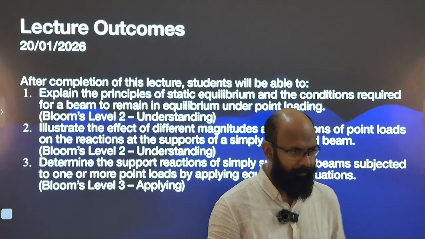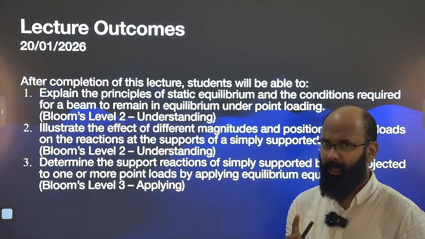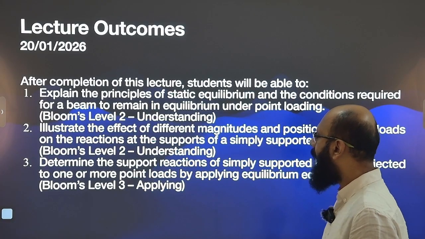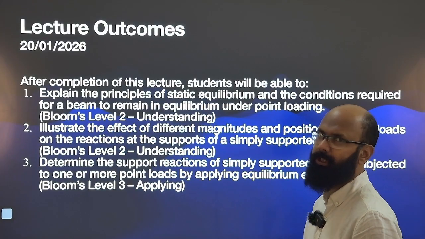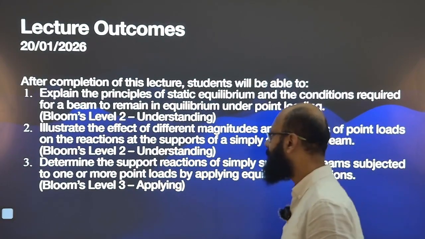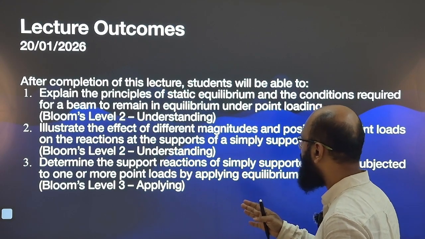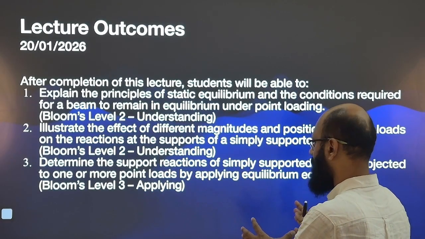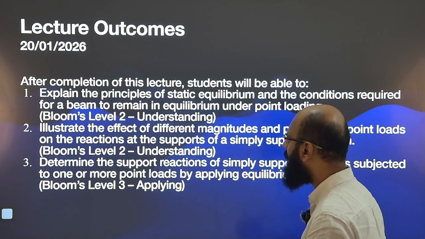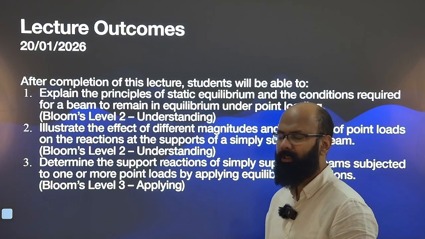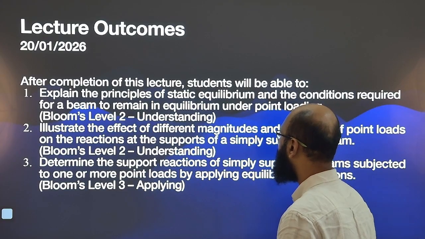You can see today's lecture outcomes. Number one, you can explain how we can apply the equilibrium conditions for a particular beam. After that, you could illustrate the effect of different magnitudes and positions of point loads on a simply supported beam, and what the consequence will be as reactions from the beam.